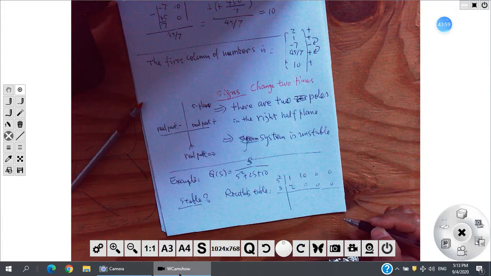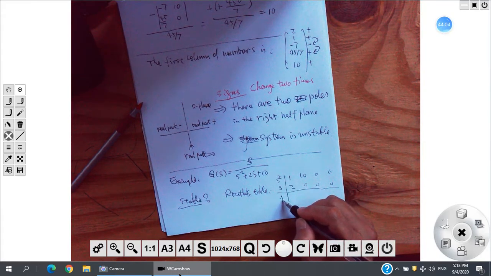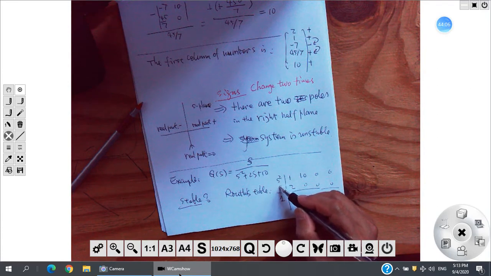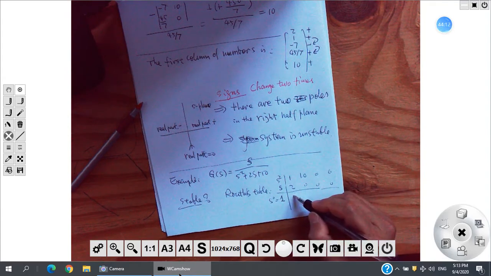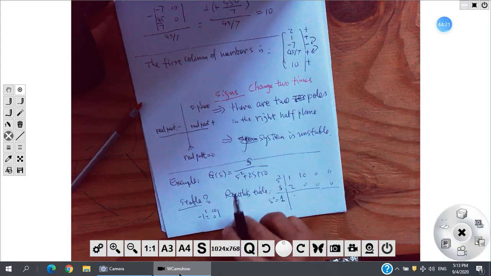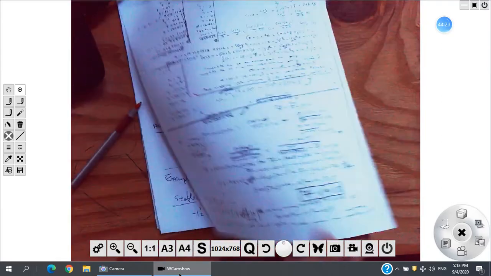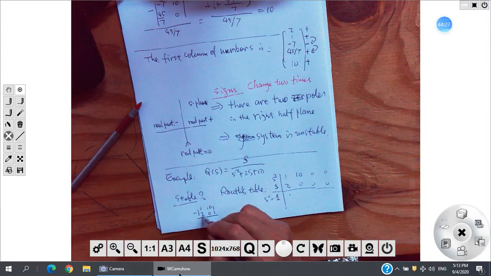Now here s squared, s, then here will be s to the 0, just the power reduced by 1. So it should be 1. And this number, what is this number? This number will be the determinant of 1, 2, and 10 and 0, put the negative in front of it, and divided by this 2.